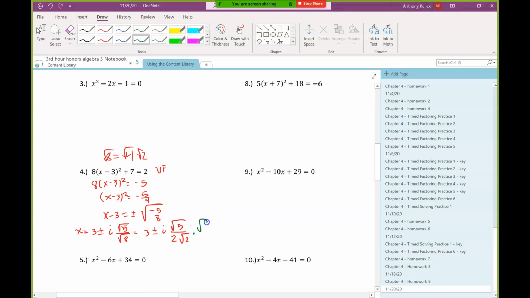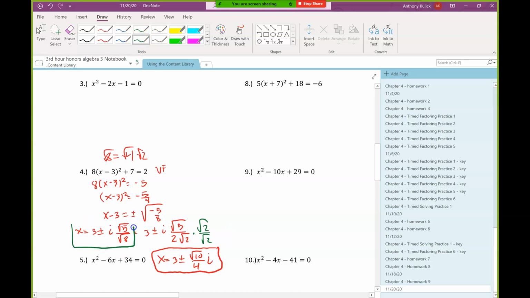So to get that out of there, I'm just going to multiply the top and bottom by the square root of 2. So I'm going to end up with x equals 3 plus or minus. Square root of 5 times the square root of 2 is the square root of 10. The square root of 2 times the square root of 2 is the square root of 4, which just simplifies into 2. And then I still have this times 2 there. So it's 4. And I'll just stick the i there at the end. So this would be like the best version of my answer.